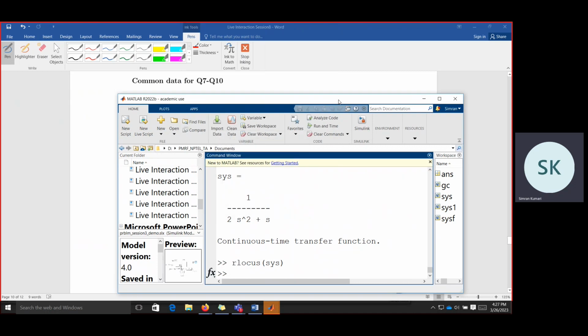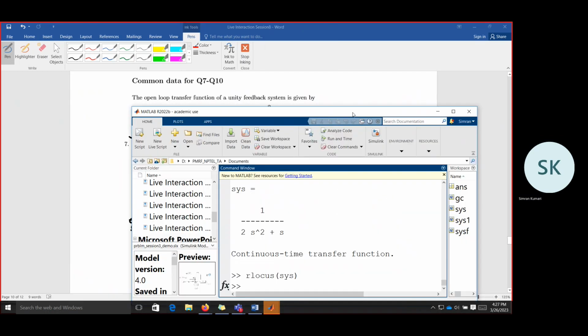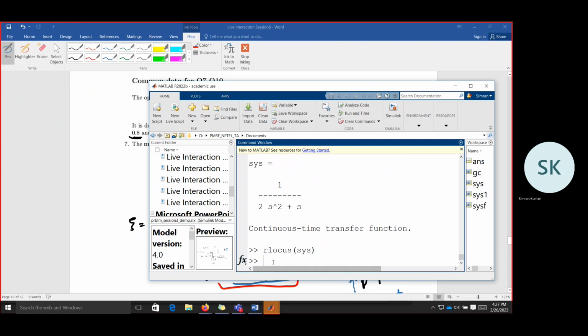And then we had the compensator, which is the lead compensator. So we have this Gc equal to tf, with the zero and pole. So this was s plus 0.405 by s plus 0.616.